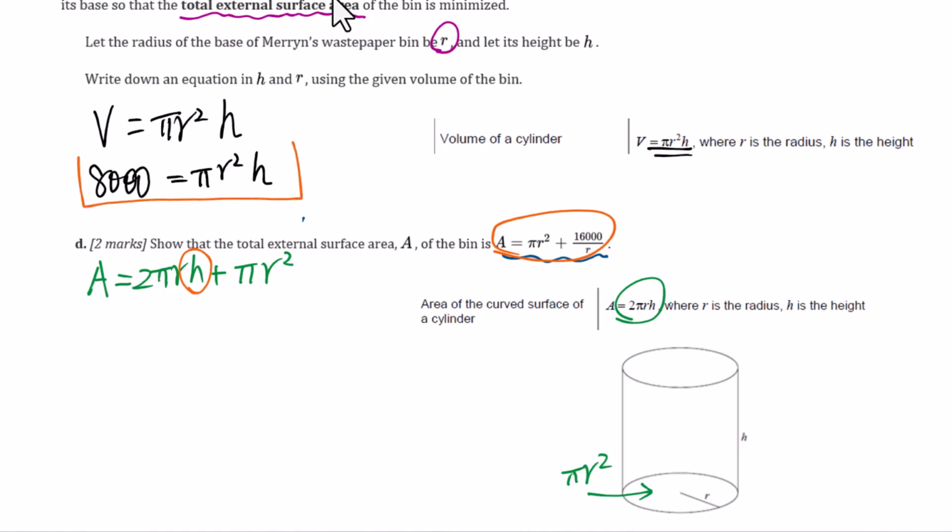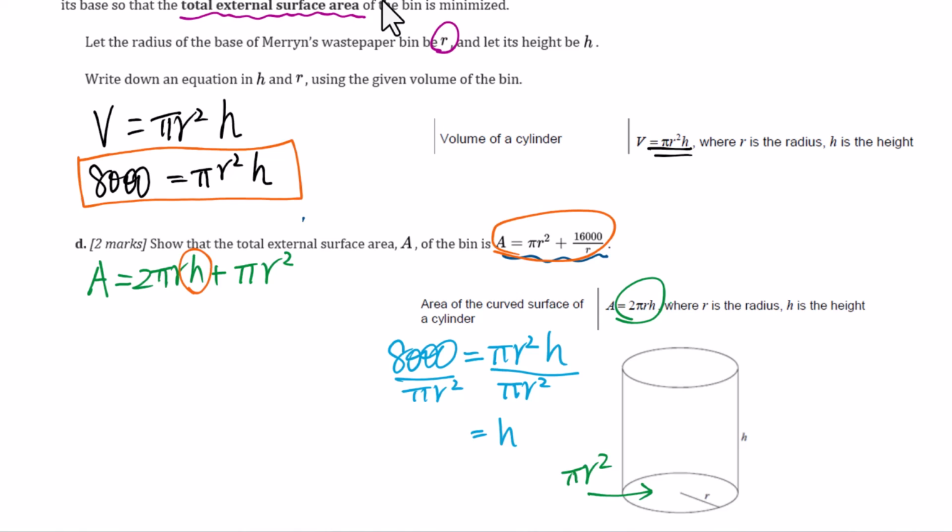This is the formula we have to use to work out h. Both sides divided by pi r squared. So we get h equals 8,000 over pi r squared.